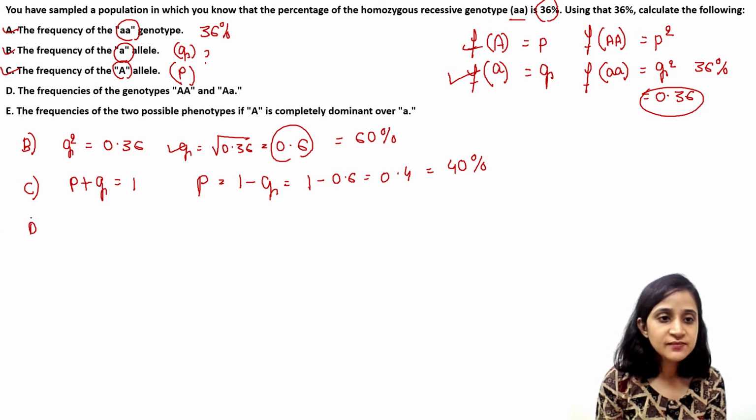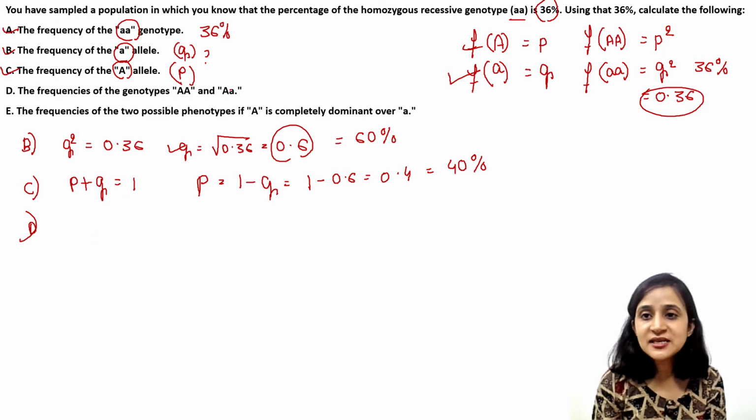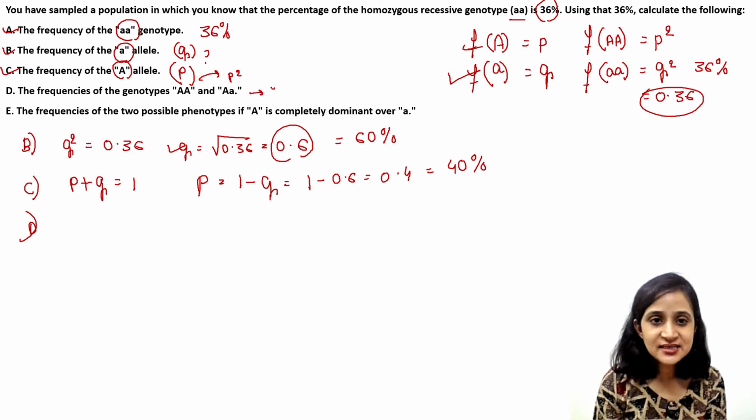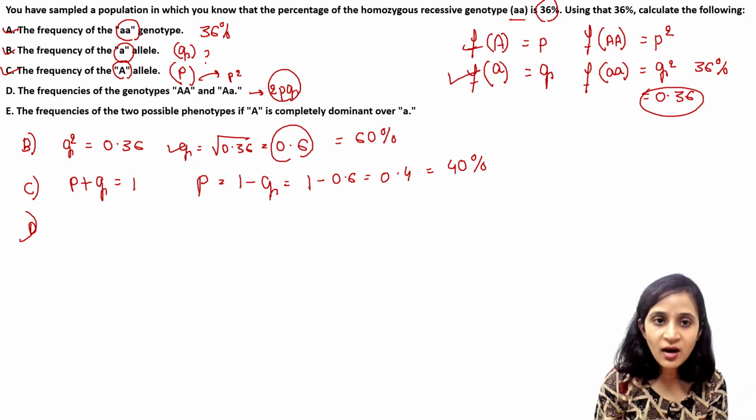Next question, D. The frequency of the genotype capital A capital A and capital A small a. So capital A capital A means p square, and capital A small a, that is 2pq. That we know from the Hardy-Weinberg law.